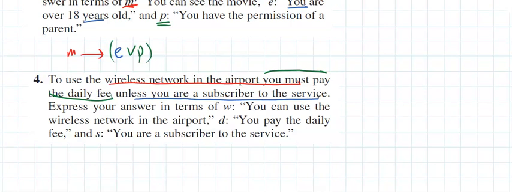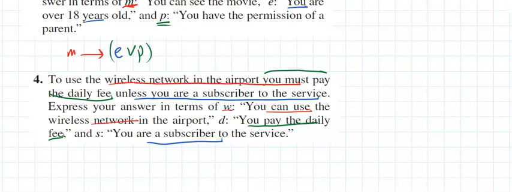And they label, let W be, you can use the wireless service. Let D mean you pay the daily fees, and let S mean you are a subscriber to the service.